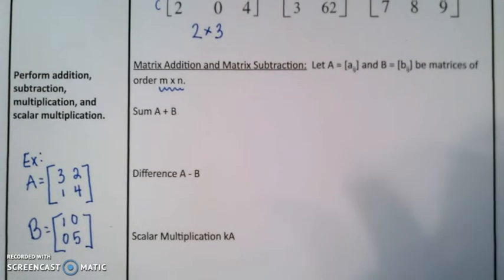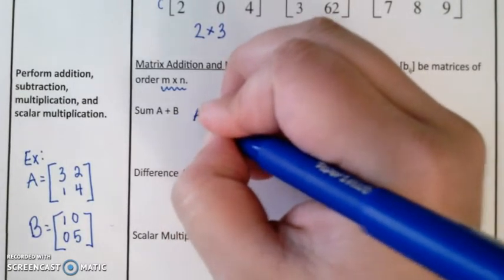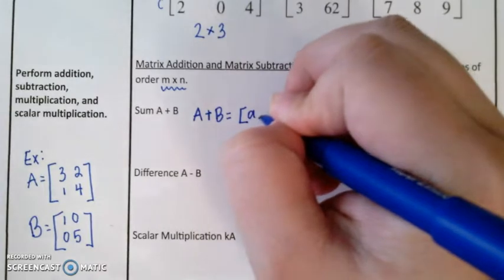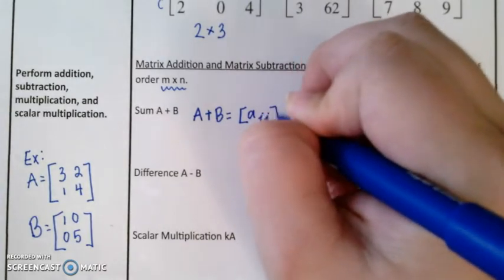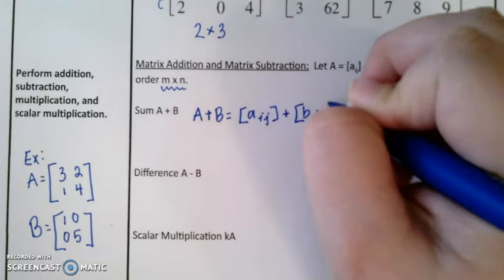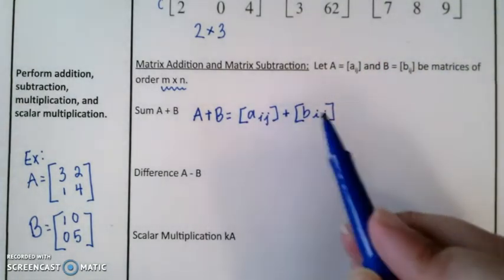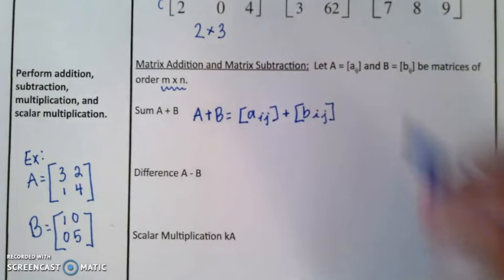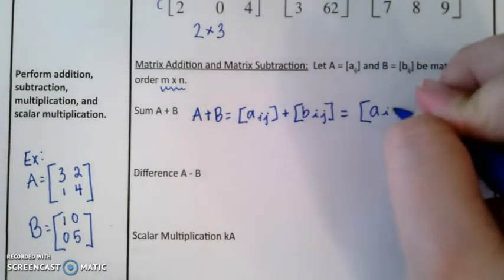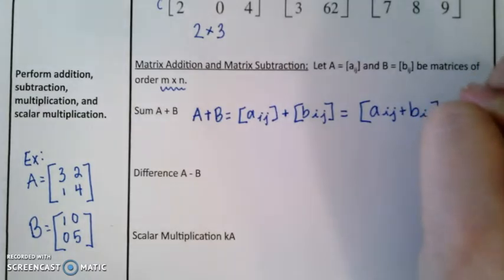So if I want to add these two matrices, theoretically, I would say A plus B equals the matrix A sub ij plus the matrix B sub ij, and we're going to add them element-wise, which means we add the first element to the first element, the second element to the second element. So we can write this in shorthand as A sub ij plus B sub ij.